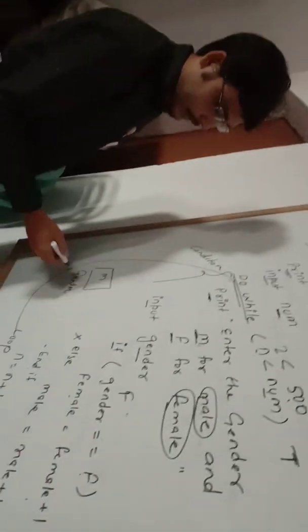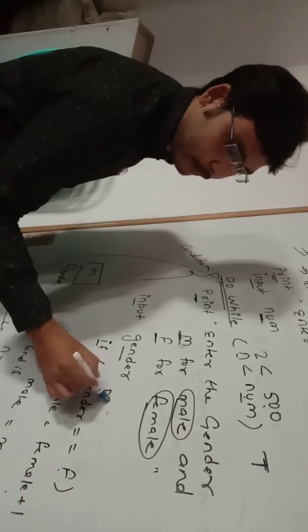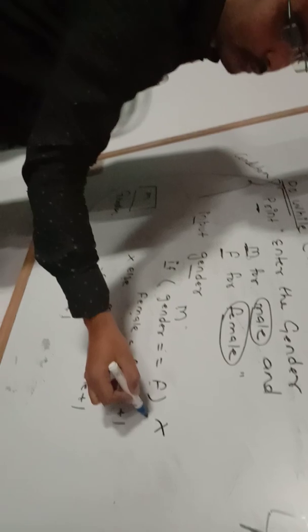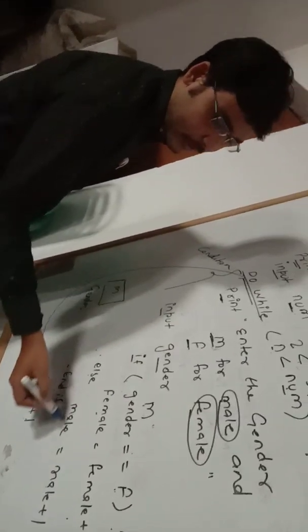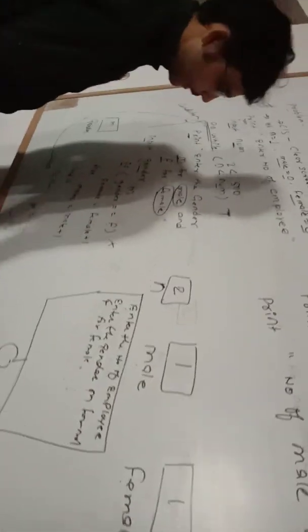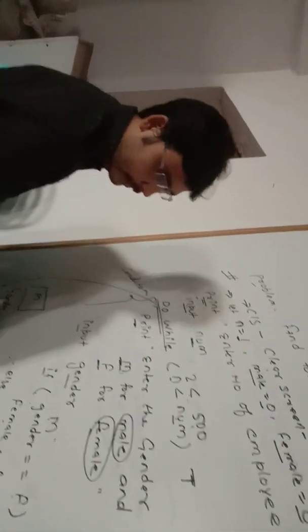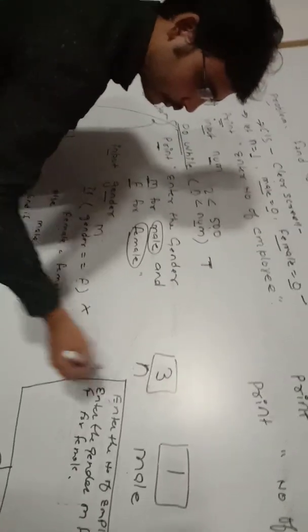It will take the gender value as male. Male equal to female, no, it is not true, so the else part will run. In the else part, male is equal to male plus 1, it means the value of male will be increased by 1 and the value will be 1 here, and n is equal to n plus 1, the value of n is 2, so it will be increased by 1 and become 3.